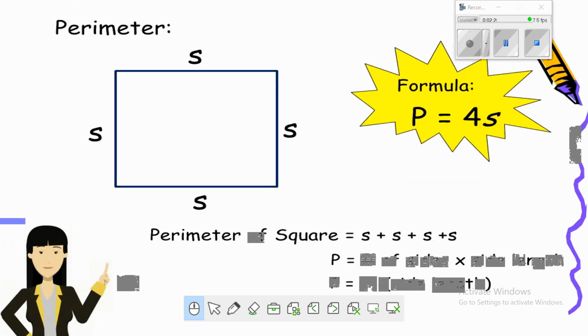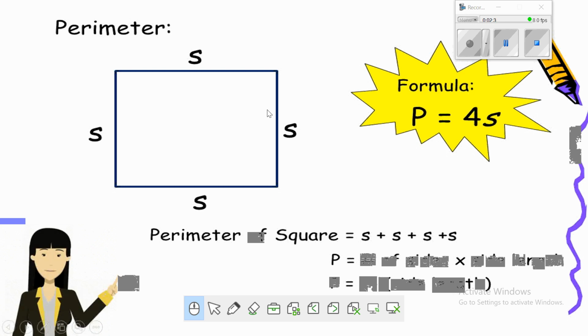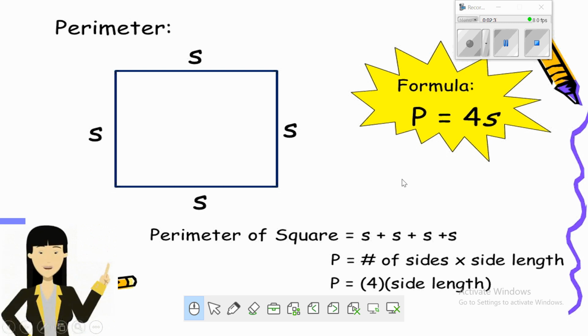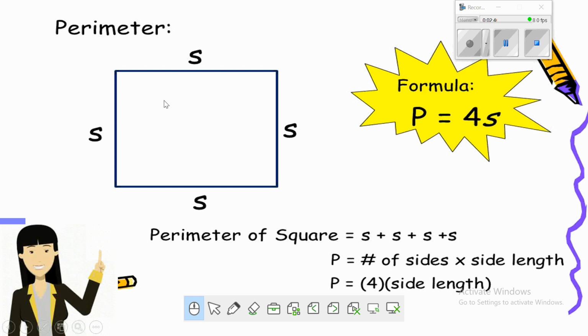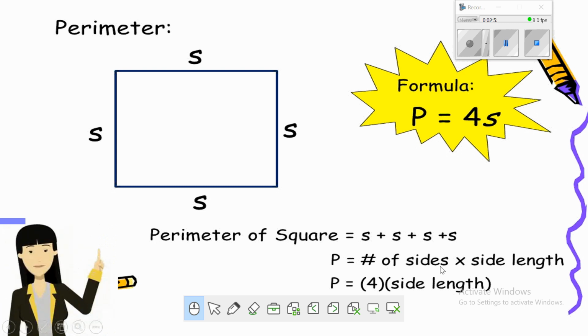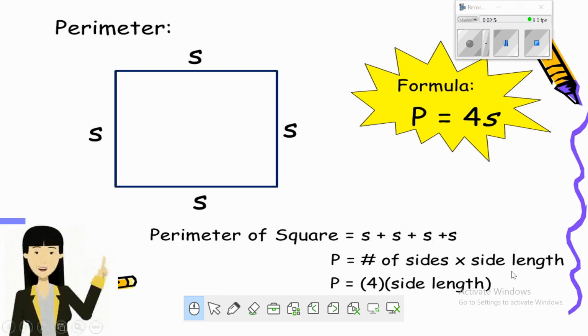Now, the formula for the square. The perimeter for a square is 4s. What do you mean by s? It means sides. How, teacher? This is the square. The perimeter of this shape is counting the total: S plus S plus S plus S. So the perimeter for a square is the number of sides multiplied by the side length.